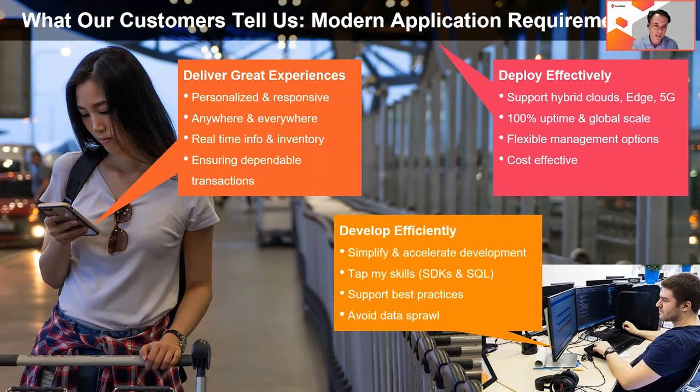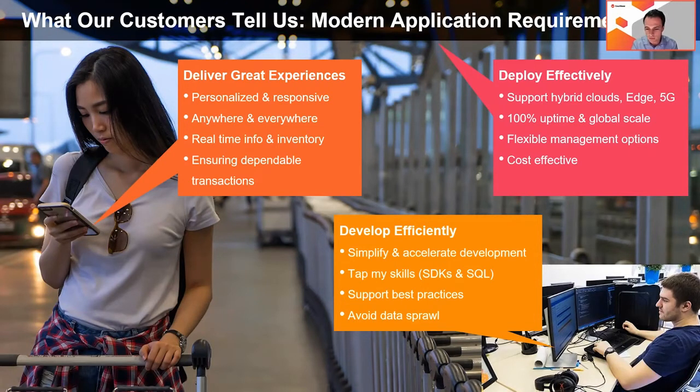And what that means is it's about really being able to give an experience where things are personalized and interactive and dynamic and mobile, and everything needs to be quick and responsive and dependable, right? So those are key criteria in the application delivery.